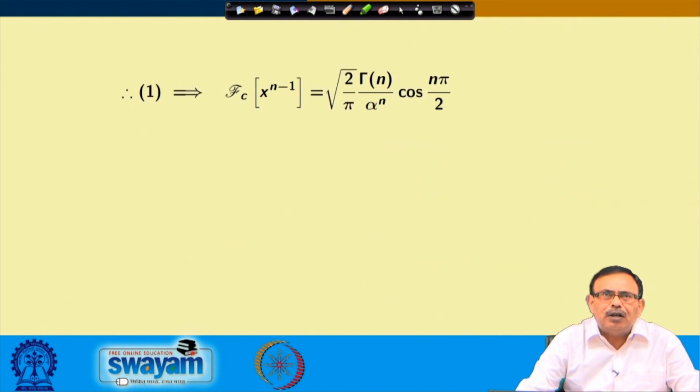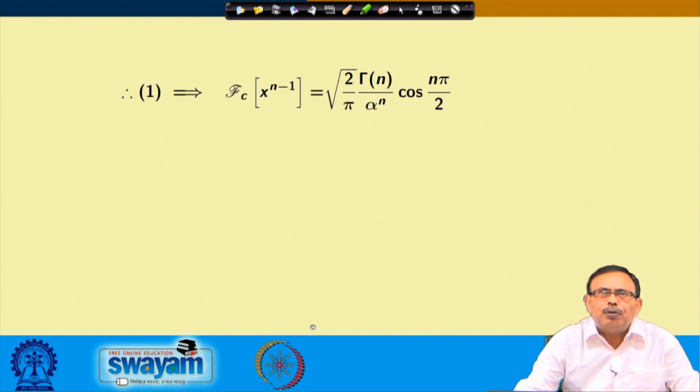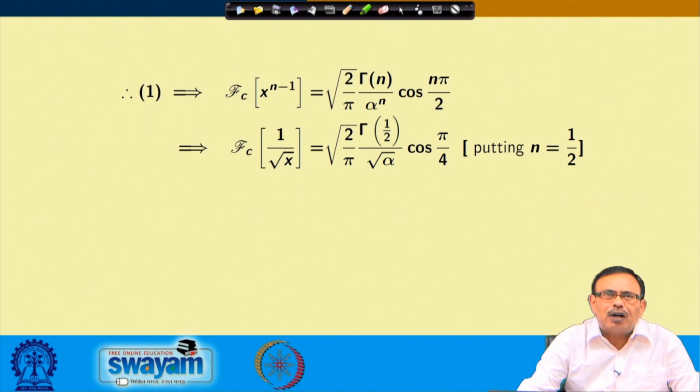Once I have obtained it, I can always say the Fourier cosine transform of x to the power n minus 1 equals root over 2 by pi, gamma n by alpha to the power n, into cos of n pi by 2. So once I obtain this value, I have to find out the Fourier cosine transform of 1 by root x, which is nothing but n equals half.